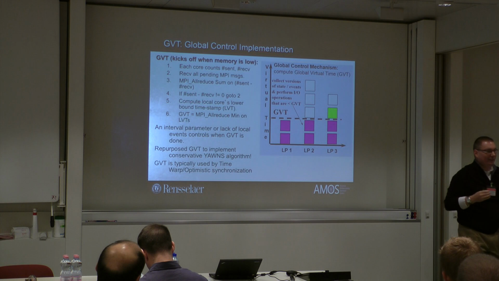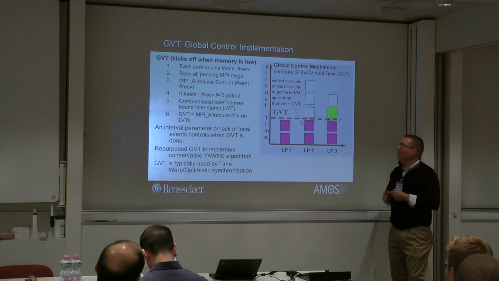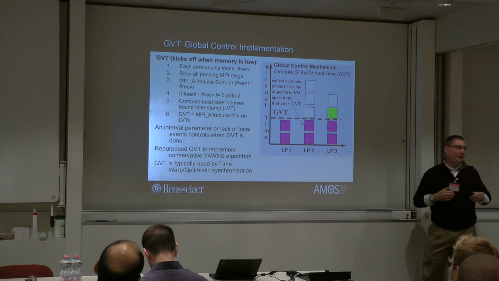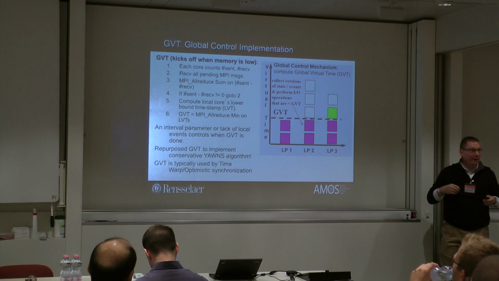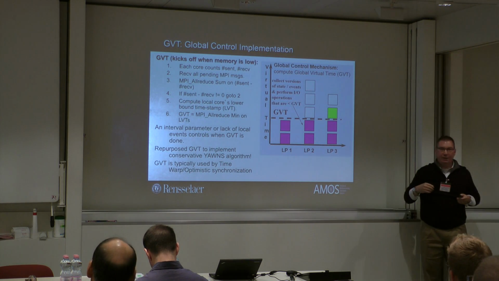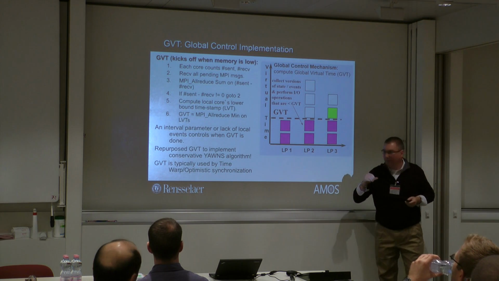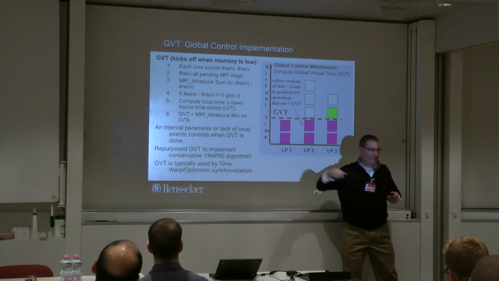The reality is they're basically the same thing. They just refer to it slightly differently. What's interesting is, in optimistic, because you're speculative, we use GVT as a mechanism for reclaiming memory in the speculative execution. What we can use GVT for in the conservative, of course, is repurpose it for the YAWNS algorithm to allow us to advance time, right?